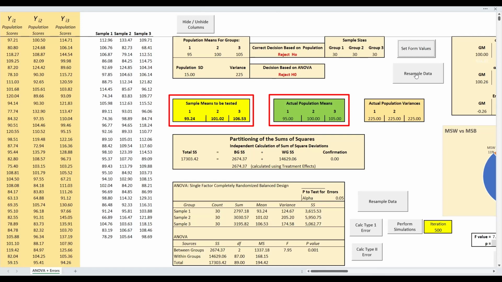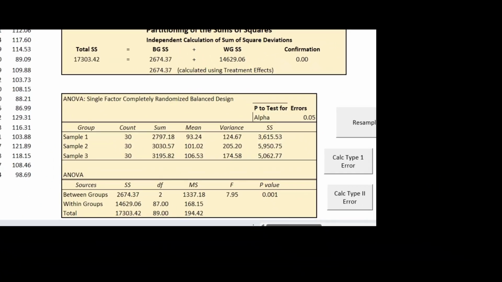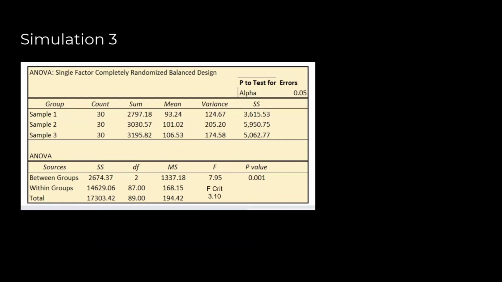Now we will examine the ANOVA summary table, which contains the results of the analysis of variance that was computed on our sample data. Again, you can review the sum of squares, the mean squares, and degrees of freedom in the table, but their analysis is the same as we discussed in the first simulation, so we will not repeat it here. Instead, we will move directly to a discussion of the results of the ANOVA. We have set our alpha level at 0.05.